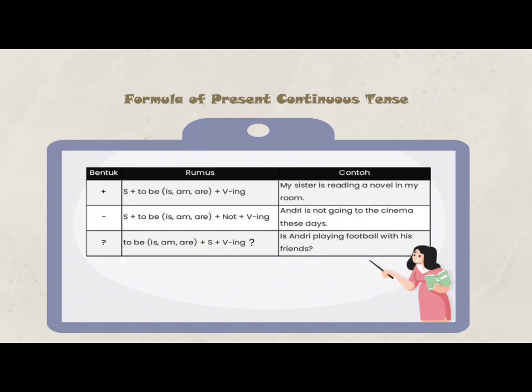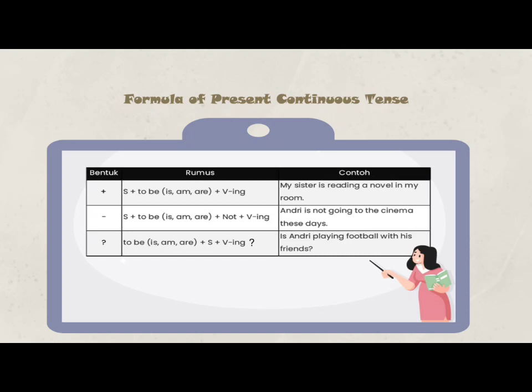Okay, next, for the last, we're entering the interrogative sentence, in which the structure will be a little bit different than the positive and negative sentence, because the to be that was located in the middle of the sentence earlier currently moves to the very front of the sentence, which is then followed by subject and verb ing.